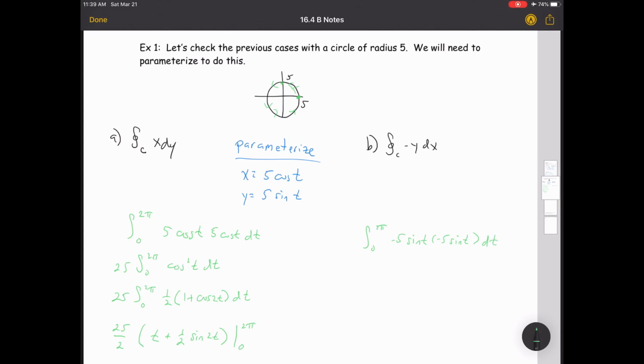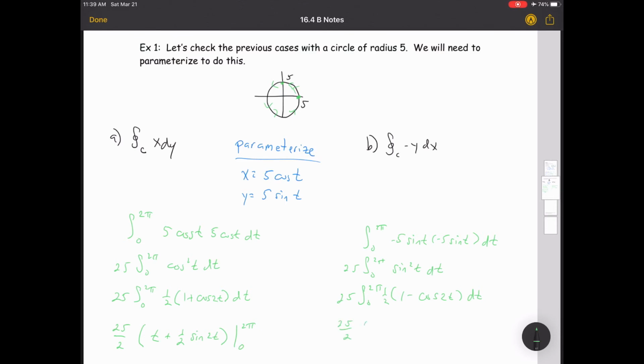So let's see, we're going to get 25 integral from 0 to 2 pi of sine squared t dt. Once again, we'll have to use a reduction formula. So that'll be, in this case, 1/2 (1 minus cosine of 2t) this time. So once again, we can pull that 1/2 out to the front.